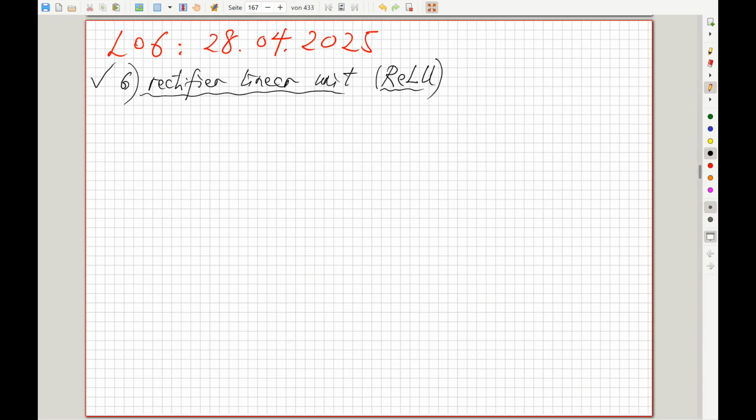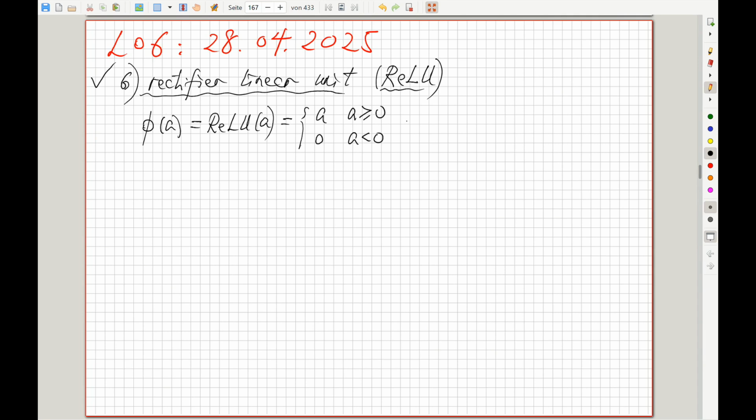This is actually the most used activation function in deep neural networks. The definition is very simple. The activation function phi of a scalar input a is sometimes written as the ReLU activation function of a scalar input a. It is defined to be a if a is non-negative and 0 if a is negative.